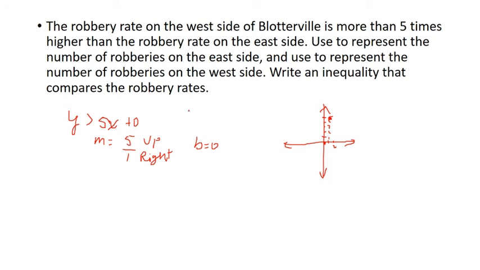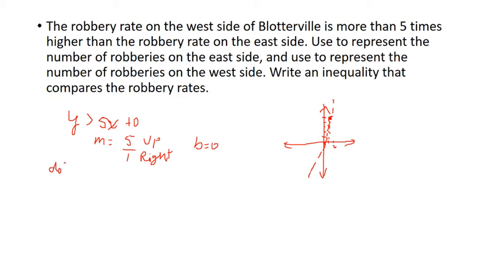Now this one is going to be a dotted line. Is this going to be a dotted or a dashed line?